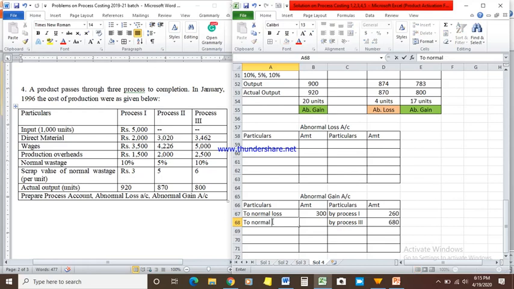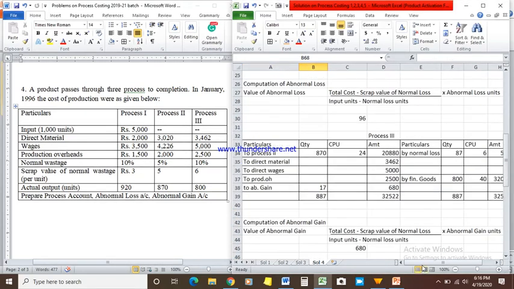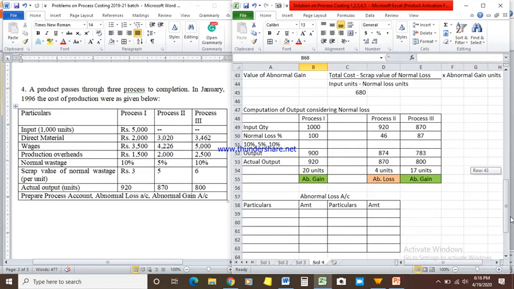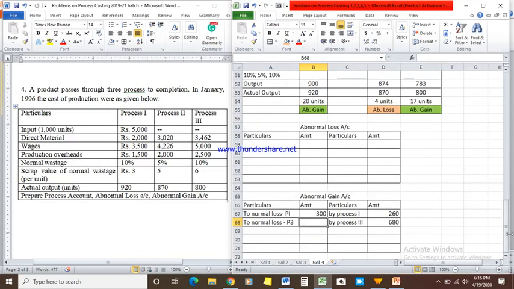Normal loss, this is process 3 and this is of process 1, 522. Now if you take a total, it is 940.